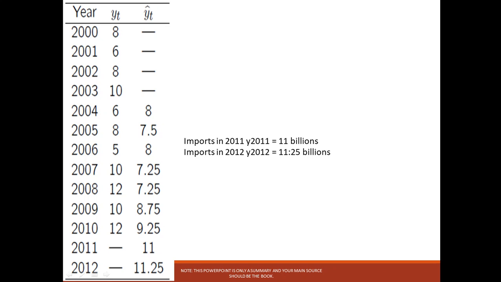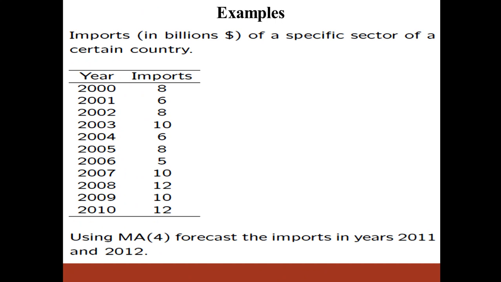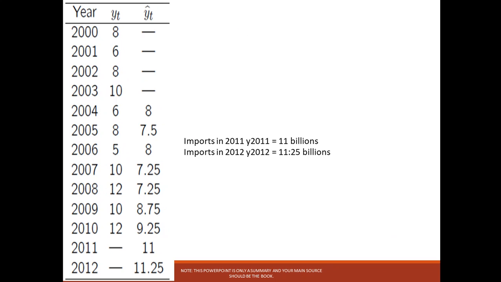Secondly, we want to find the forecast of 2012 by using the moving average of order 4. We will add 12 plus 10 plus 12 plus 11 over 4.